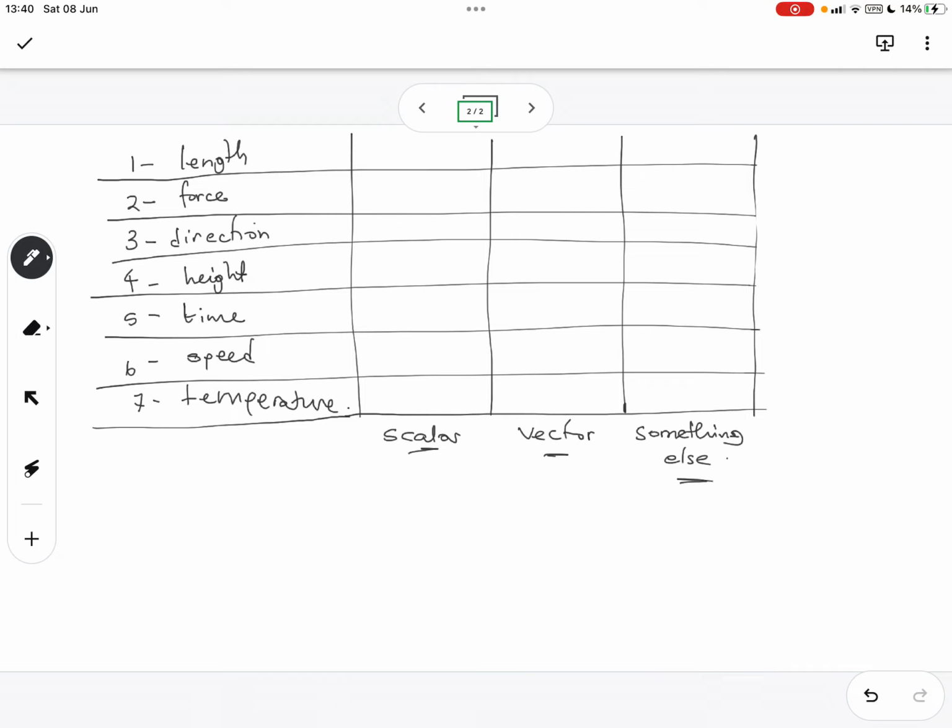Does it have direction? Nope. It does not have direction, okay? So if it doesn't have direction but it only has magnitude, where do we put it? As a scalar, right? So we'll check that it's a scalar, which is great.